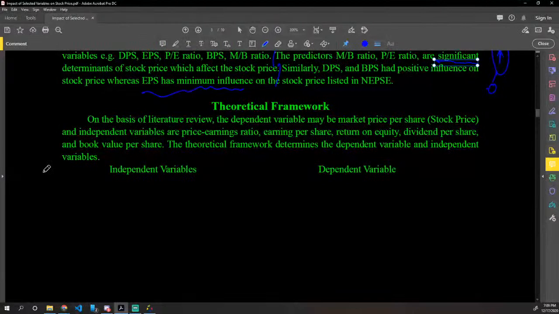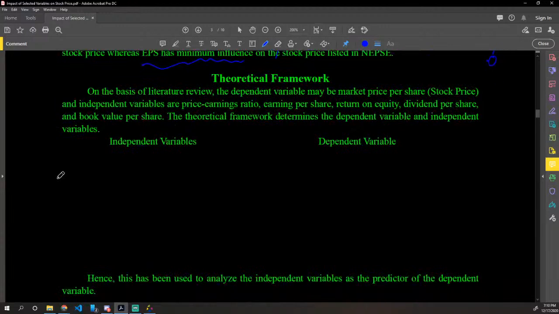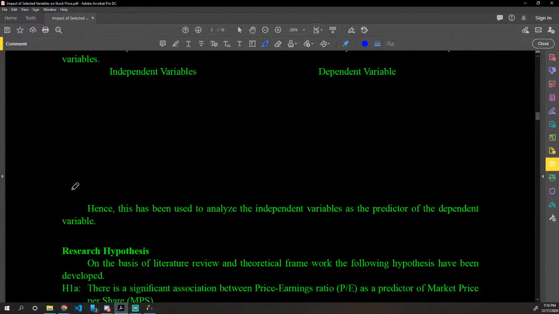Theoretical framework. On the basis of literature review, the dependent variable may be the market price per share, that is stock price, and the independent variables are price earning ratio, EPS, return on equity, dividend per share, and book value per share. The theoretical framework determines the dependent variable and independent variable. So independent variable and dependent variable.